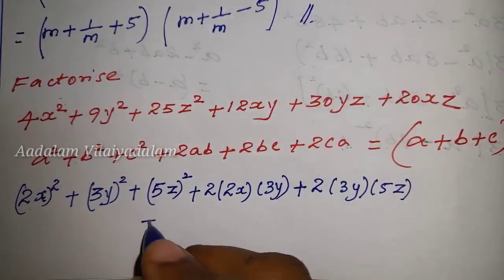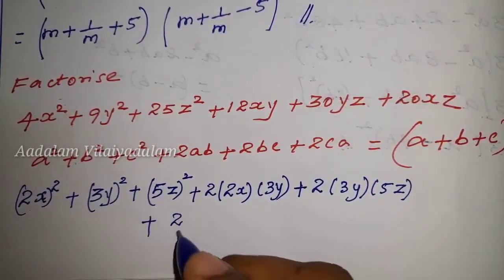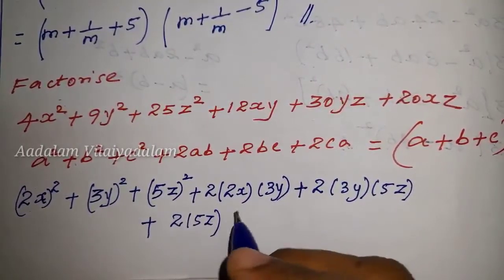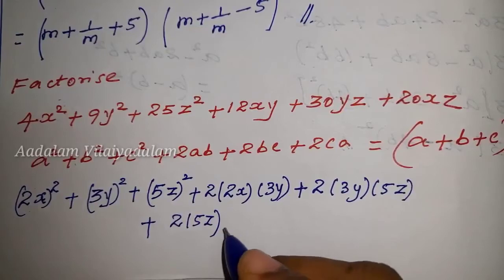Plus 2ca, the last term, 2 into c value 5z into the a value 2x.